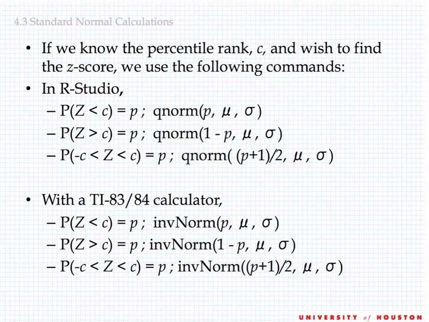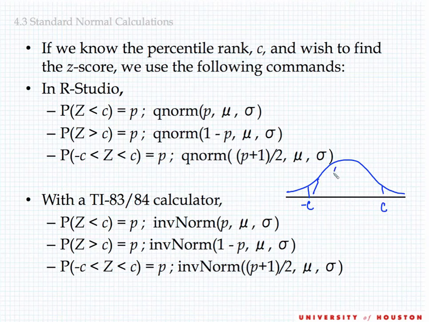When we're working with values in between, then we are looking at this part of the standard normal. Let's say that I want between negative C and positive C. So we have this probability right here.